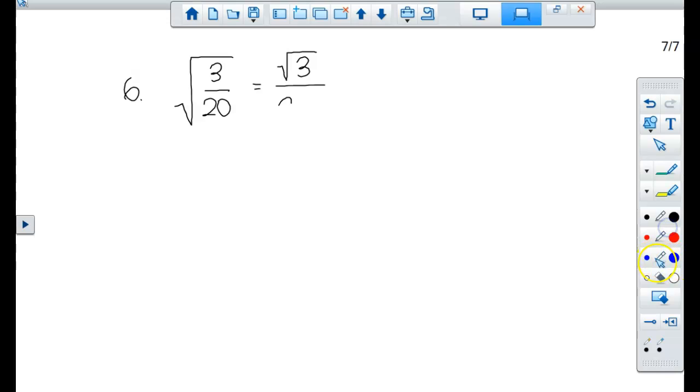I know I'm doing a lot of examples here, but I want to make sure that I cover all my bases. So we're going to do one more. I'm going to do the square root of 3/20. The first thing I'm going to do is rewrite this as two separate square roots, so it'll look more like these other division problems that I'm doing.